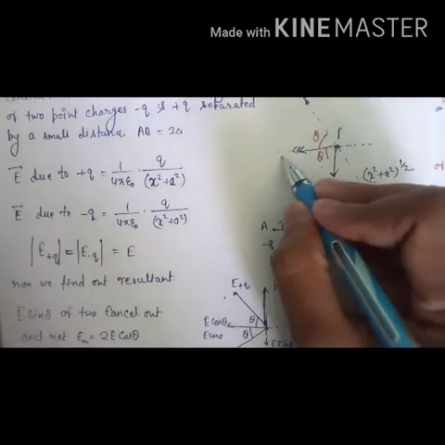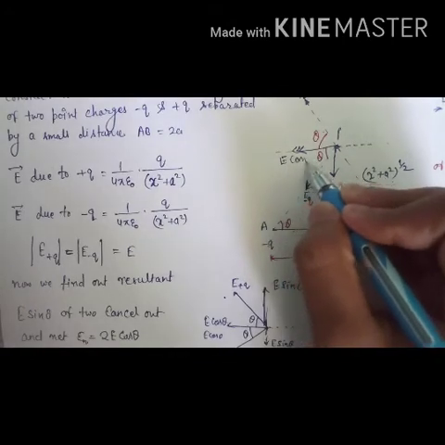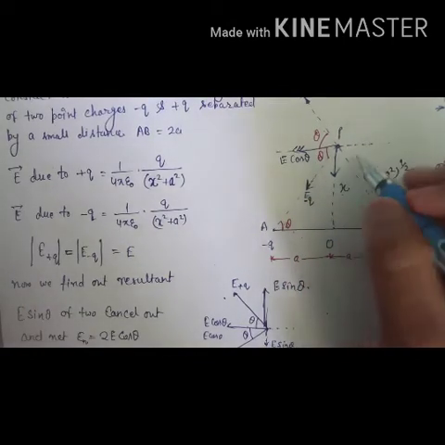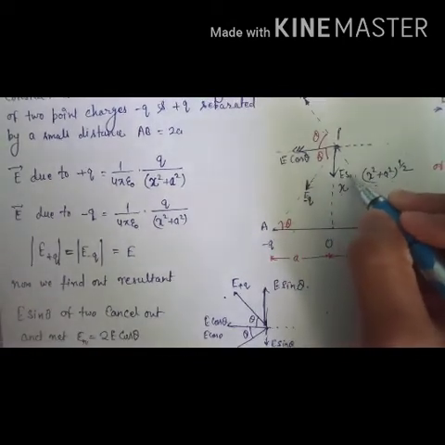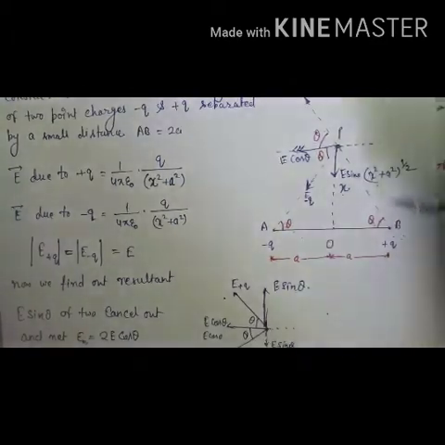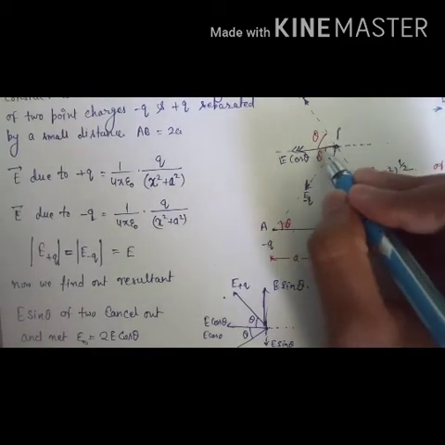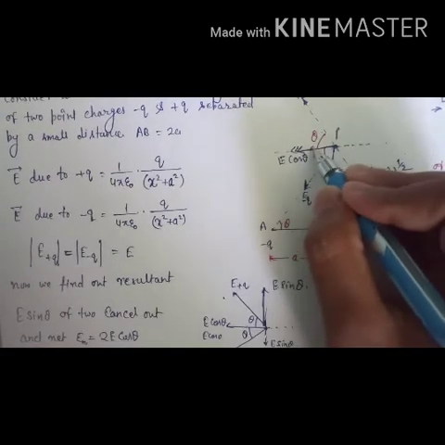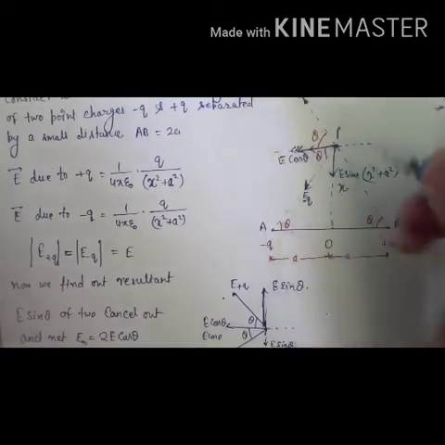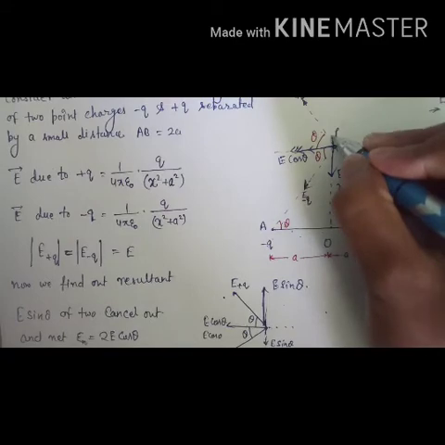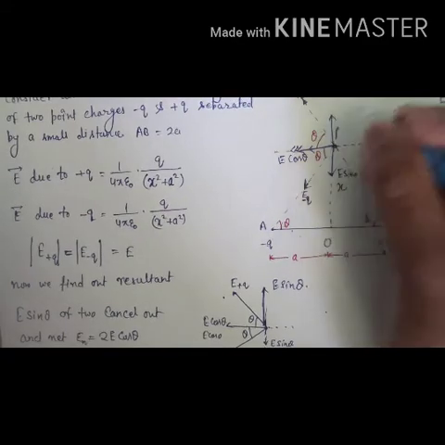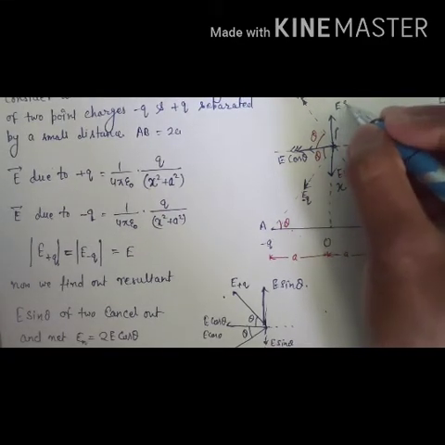This component is E cos theta due to minus q, and this component is E sin theta. Again we separate the components due to plus q at point P. One component is in this direction, and another component is in this direction, that is E sin theta.